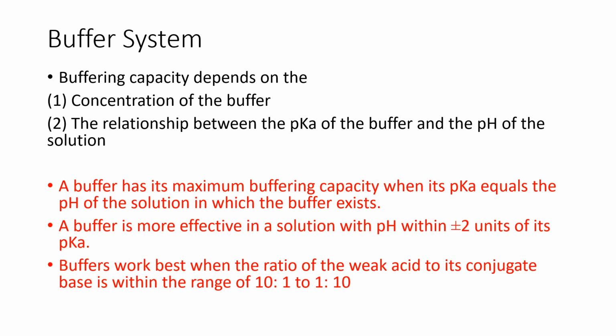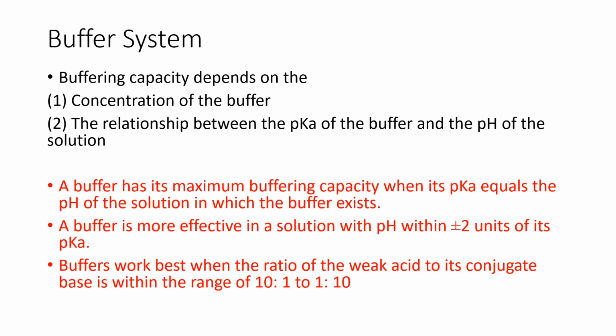Now, the buffering capacity of each of the buffer systems will depend on the concentration of the buffer system and the relationship between the pKa of the buffer and the pH of the solution, meaning that the higher the amount of the buffer system present in the body, the more likely that the buffer system will be called upon to respond to changes in pH of the body.